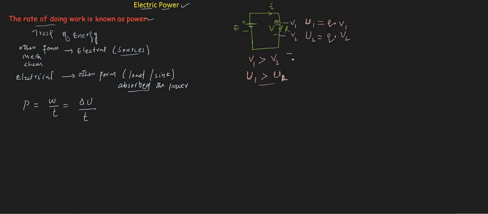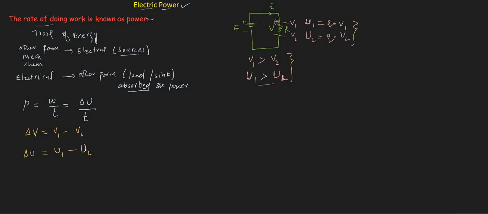From these two relations, we can state that the potential difference V equals V1 minus V2, and the difference between the electrical potential energies equals U1 minus U2.